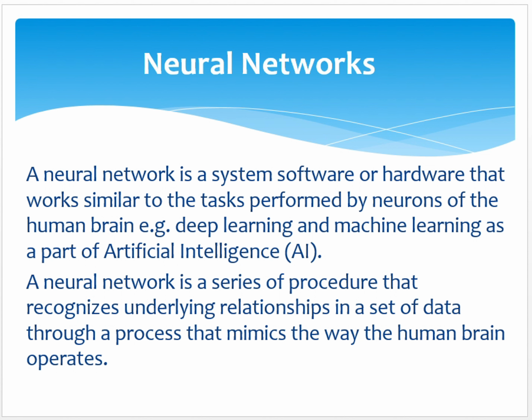It gives a series of procedures that you follow to recognize underlying relationships between data by mimicking the way the human mind operates. That is what we call neural networks.